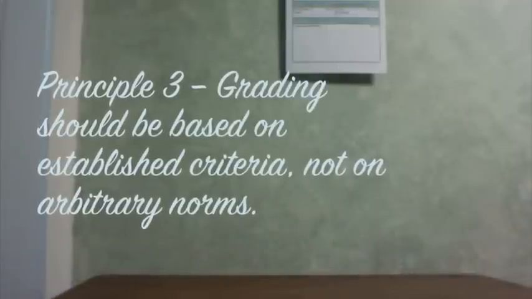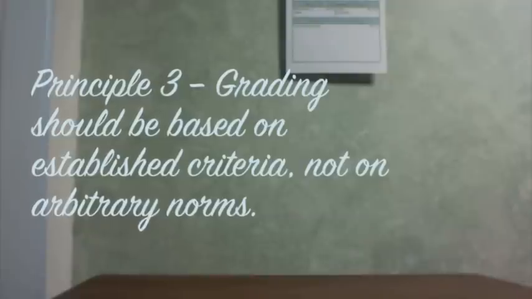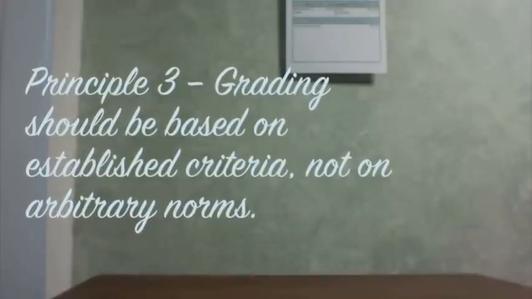Principle 3. Grading should be based on established criteria, not on arbitrary norms. Students should earn grades based on their own achievement, not in comparison to what the rest of the class did.